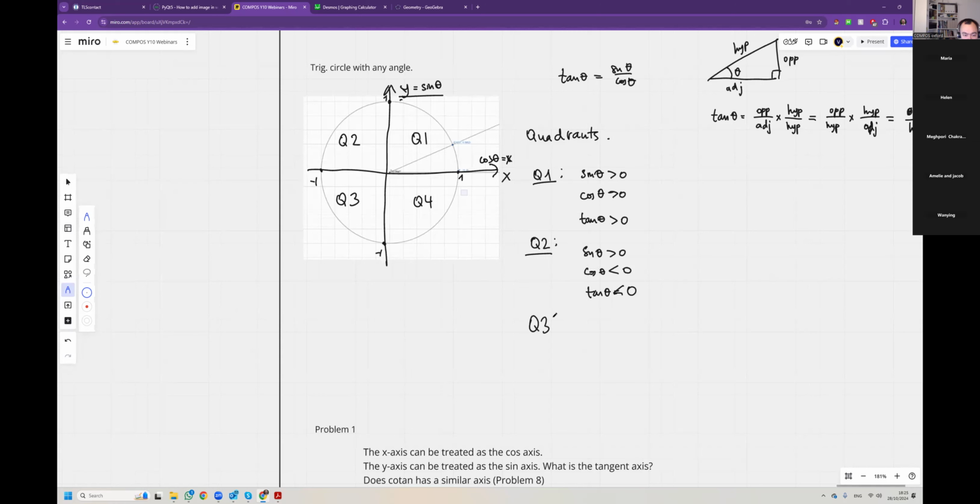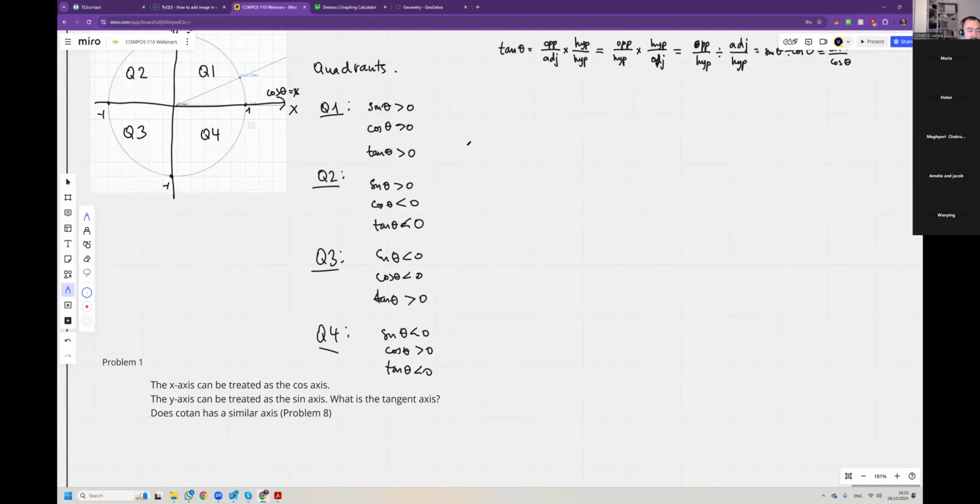In quadrant 3, sine theta is negative, cos theta is negative, and tan theta is positive because negative over negative makes positive. In quadrant 4, sine theta is negative, cos theta is positive, and tan theta is negative.